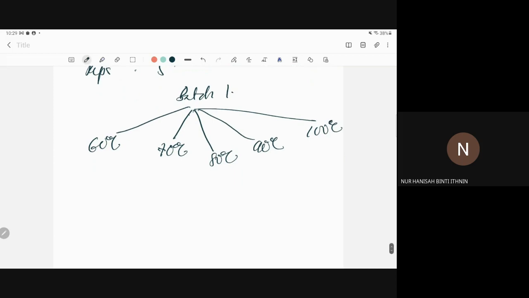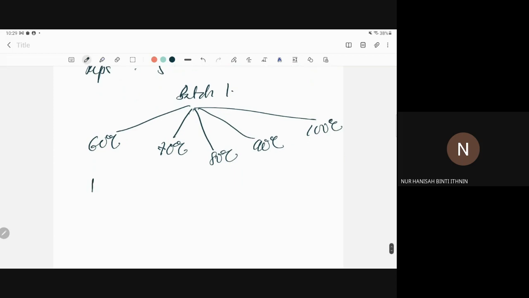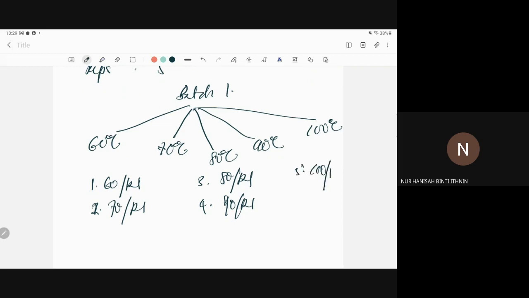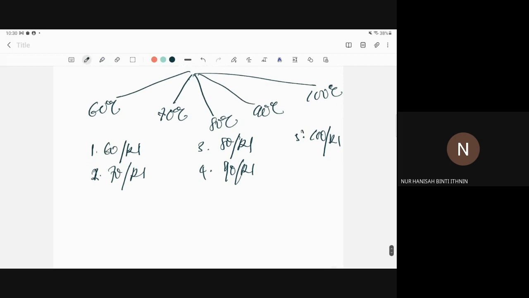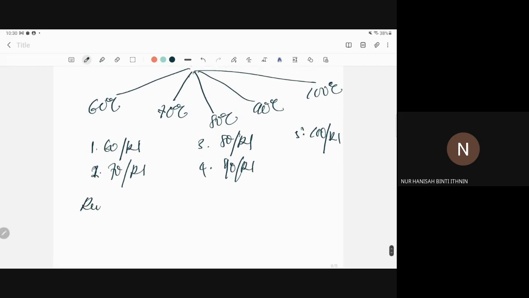For this particular batch, we have 60 rep 1, number 2, 70 rep 1, number 3, 80 rep 1, 4, 90 rep 1, and the 5th, 100 rep 1. These are the samples because they are from batch 1 only. And then you determine the run order.